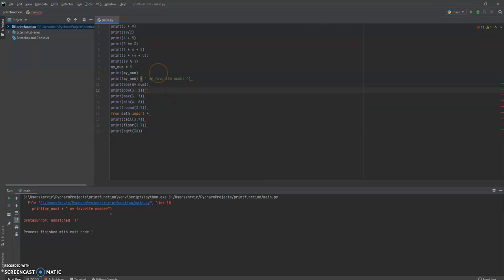Even if you did that, it would still not work, because there's nothing to put parentheses around. So you have to put string around it. And then my num.